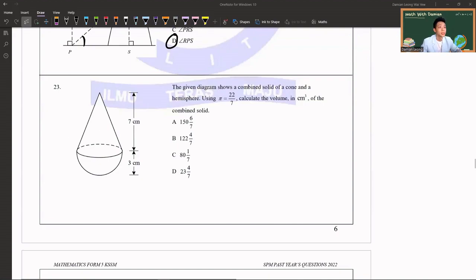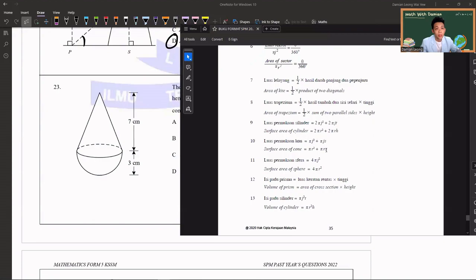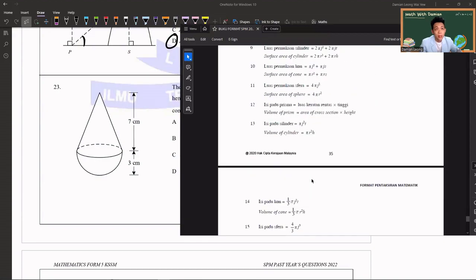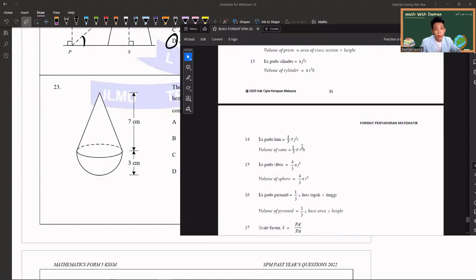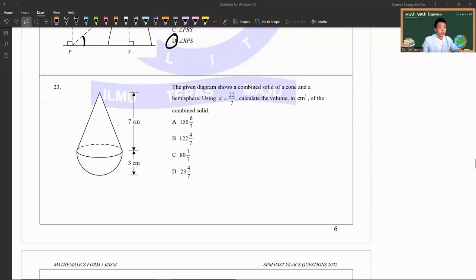Okay, both formulas are in the formula sheet. Cone 1/3 pi r square h, and sphere is 4/3 pi r cube, as we can see here. However, this is not a full sphere, it's a hemisphere, so I need to times half to that.